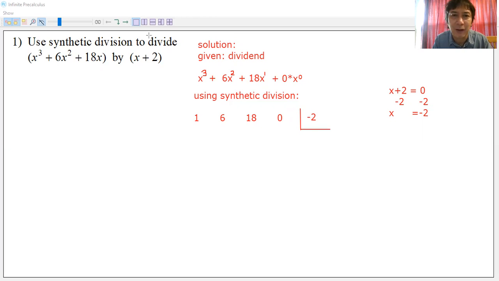Now we shall put another line over here. Now this is the process. The first number you can see on the left side of the listed coefficients, the 1, we are going to start there.